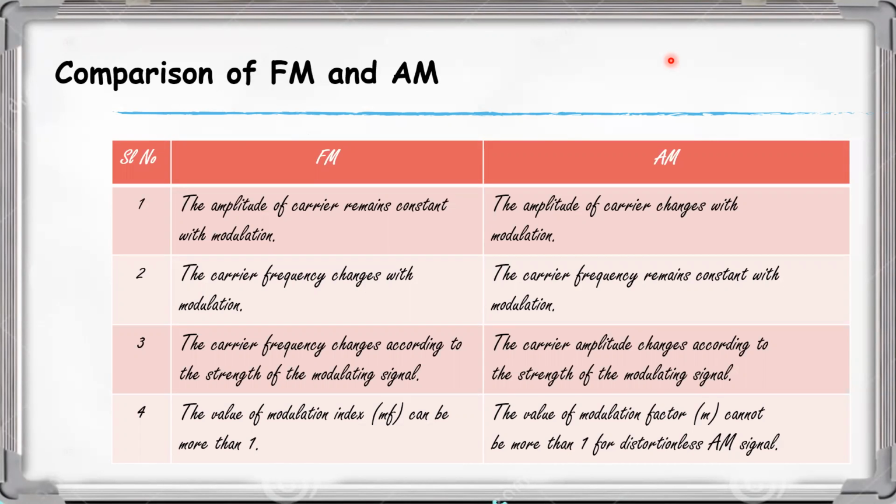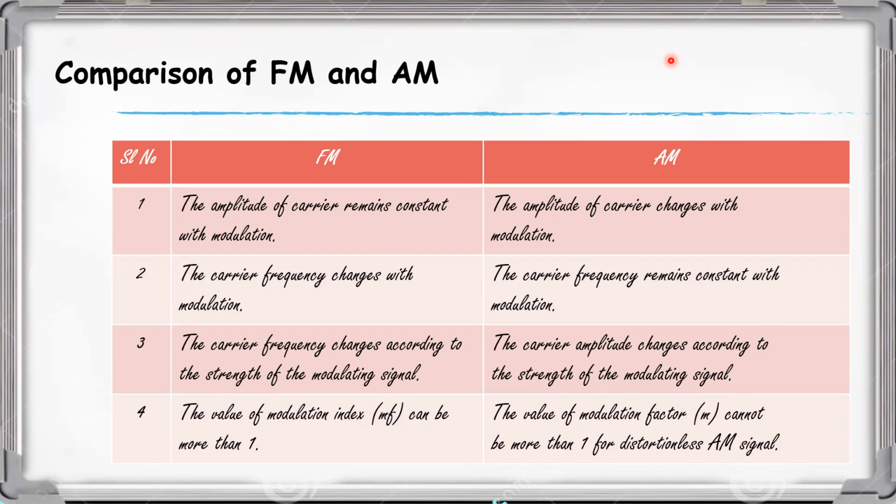In FM, the carrier frequency changes with modulation, while in AM the carrier frequency remains constant. In FM, the carrier frequency changes according to the strength of the modulating signal, and in AM, the carrier amplitude changes according to the strength of the modulating signal.